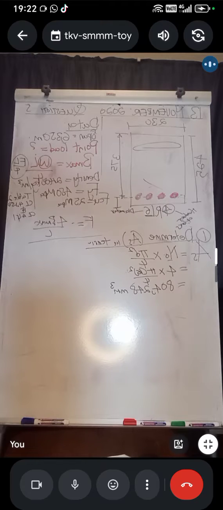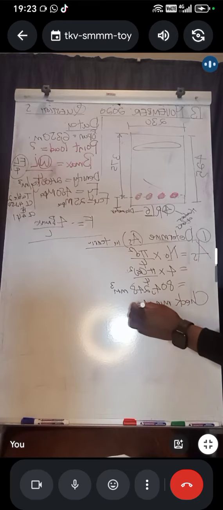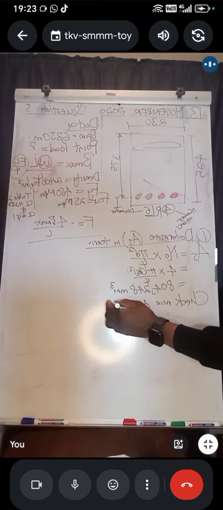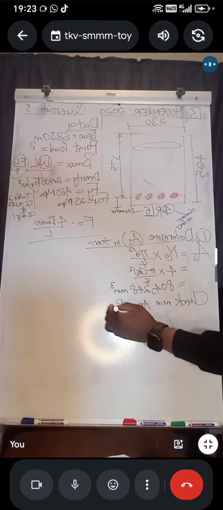Good. And you know that after that you have to check the minimum area of reinforcement. Yes, check the minimum area of reinforcement.